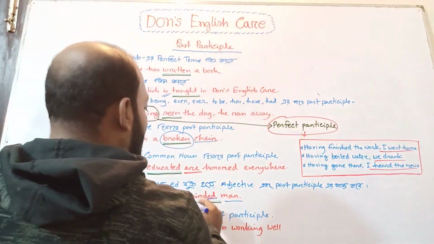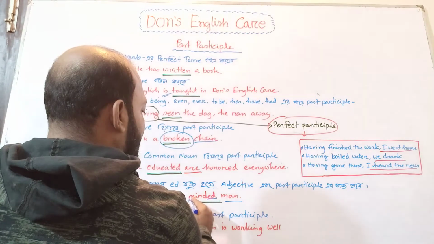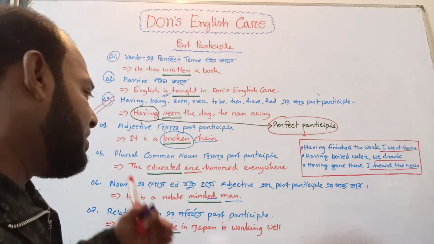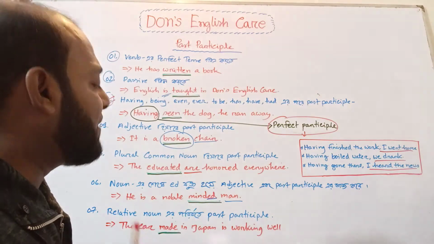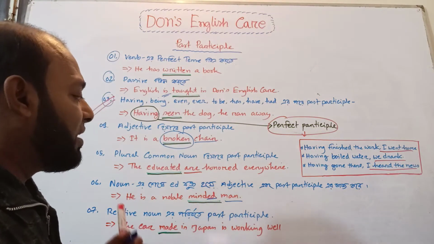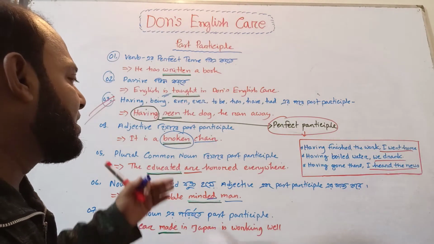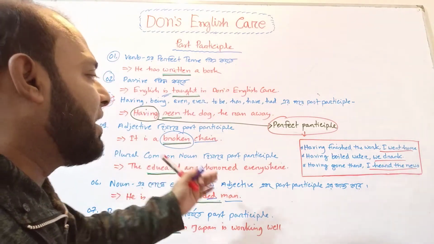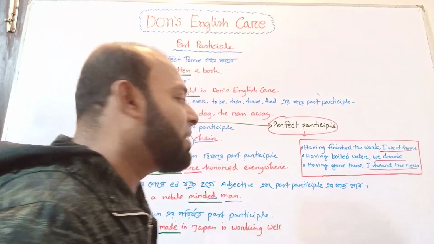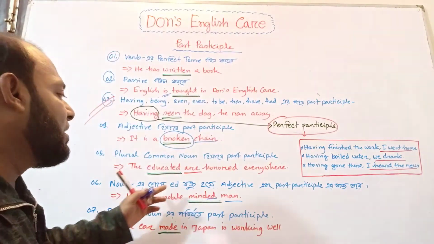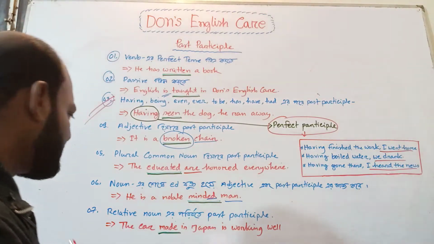So mind is a noun, man is a noun. But if before a noun we find another noun with ed added at the end, it works as an adjective, and that adjective works as a past participle if it contains the verb 3 form. I mean, he is a noble-minded man.